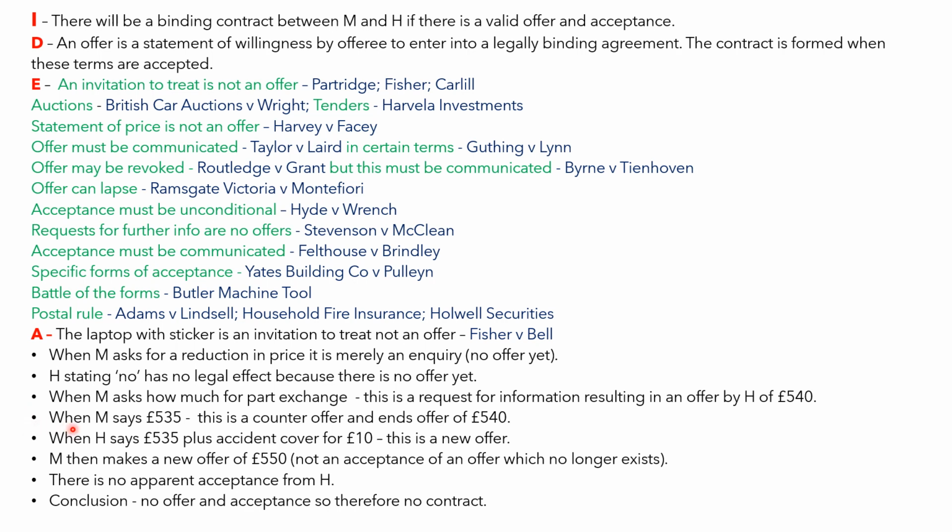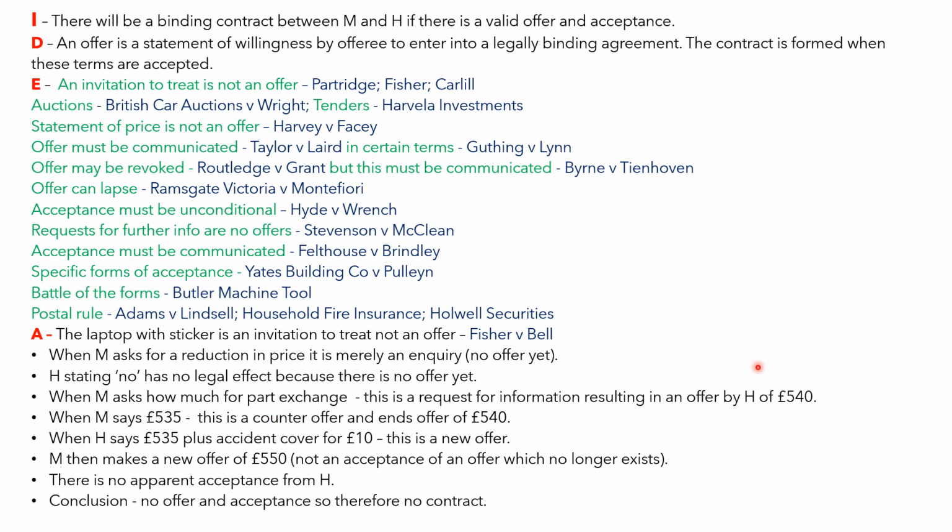When Meghan then says £535, because of what I've said here, that would be a counter offer and ends Harry's offer of £540. Notice that whichever way you go with a particular area of the scenario, if you've said it's an offer, that would make this a counter offer.